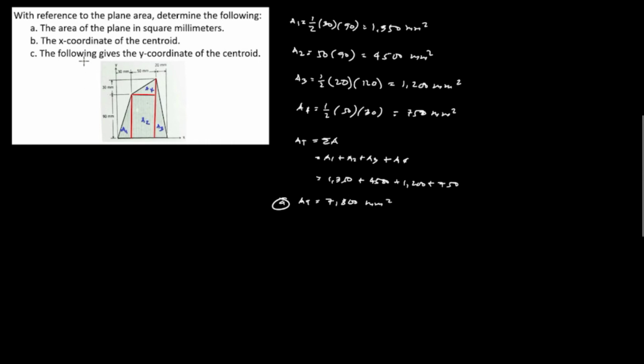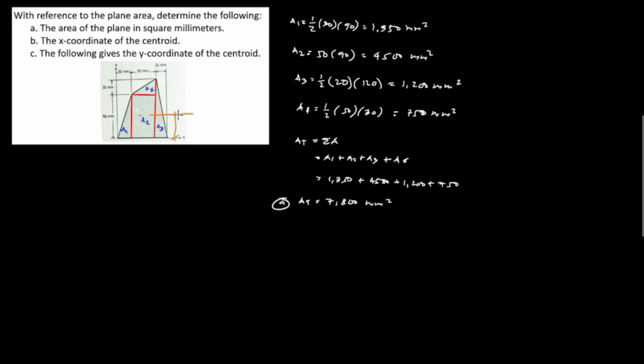Next, to find the x-coordinate of the centroid, which is along the x-axis, we will designate that as y bar. So we will find the distance from the x-axis up to the centroid of the area, and we will designate this as the x coordinate.